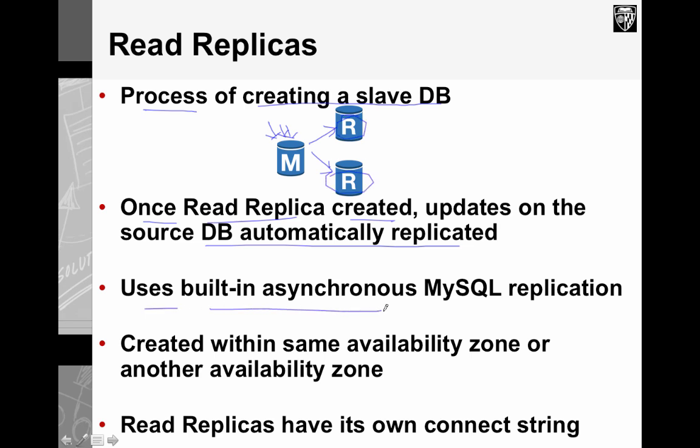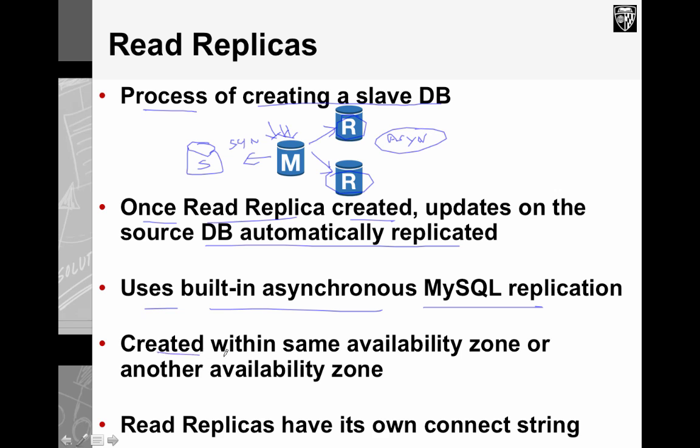It uses built-in asynchronous MySQL replication for read replicas. Please understand that the replication between the master and the read replica is asynchronous replication, whereas the replication between the master and the standby or slave database is actually synchronous replication, which is a proprietary replication.